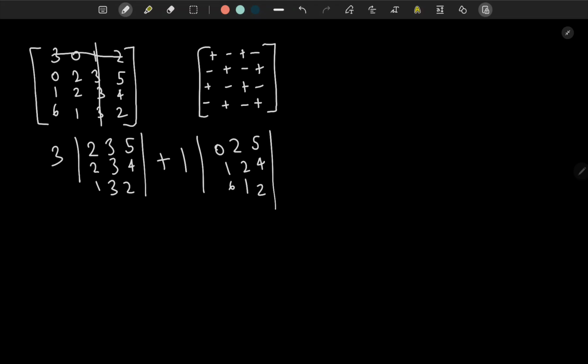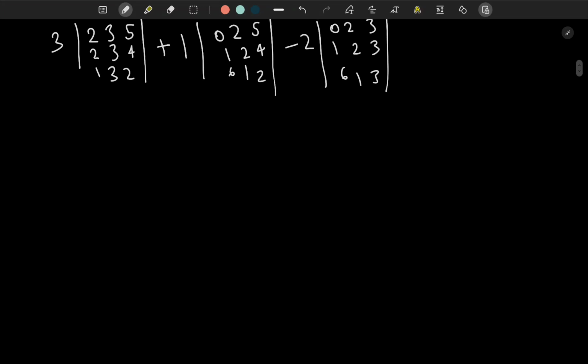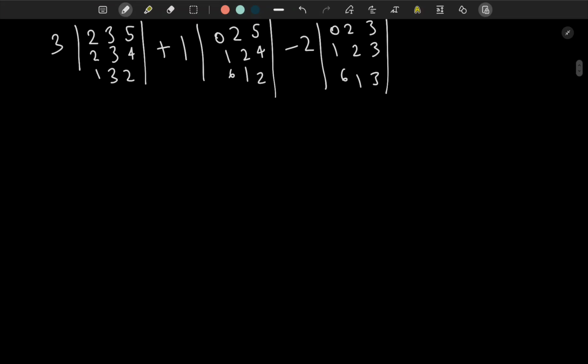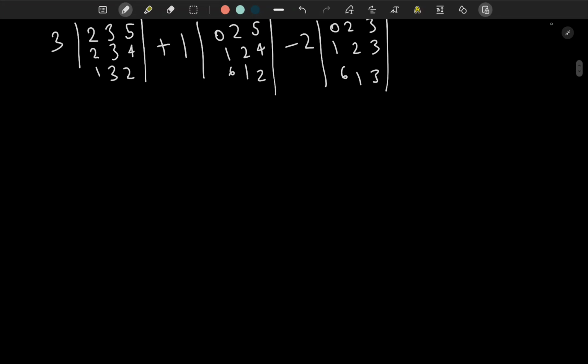The last number here is 2, so it's going to be minus 2, open brackets, and now we cancel out the first row and the last column, which gives us the matrix 0 2 3, 1 2 3, 6 1 3. Now we just have to simplify these 3 by 3 matrices. I'm going to do them separately down here, and I'll add them up later. So let's start with the first one.